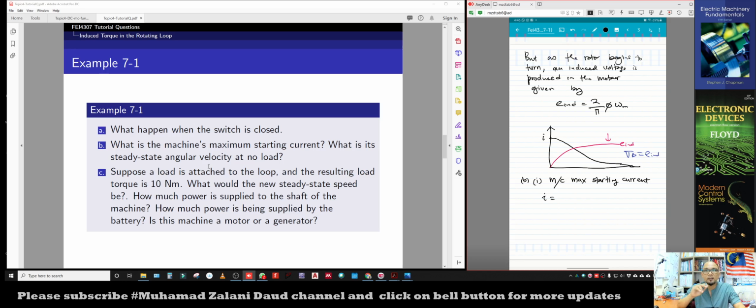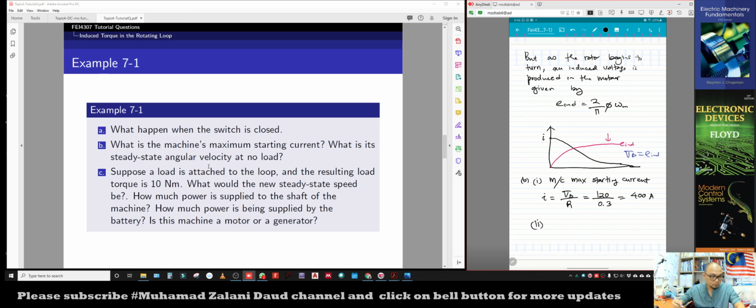So we can just calculate the instantaneous current at that time as V_B divided by R, which is 120 volts divided by 0.3 ohms. So we get 400 amperes of high current initially drawn by the machine. All right, so that is B1.